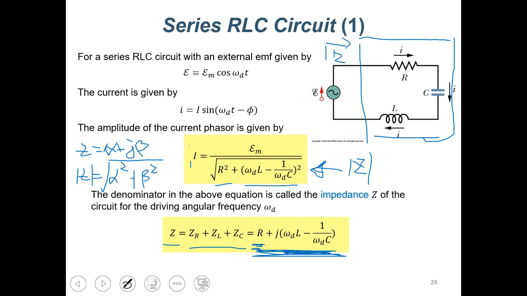And I think we also need to add the absolute value here, because generally we consider i as also a complex number, which is related to that phase. So i will be the absolute value of i times exponential of j minus phi, something like this.